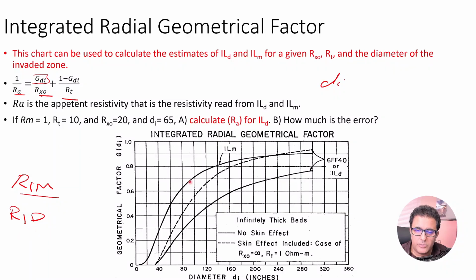And then we see the upper curve, which is used to estimate the geometrical factor for medium reading, or RIM. My focus right now is mostly to estimate the values of RID for a given diameter of invasion zone, RXO and RT.